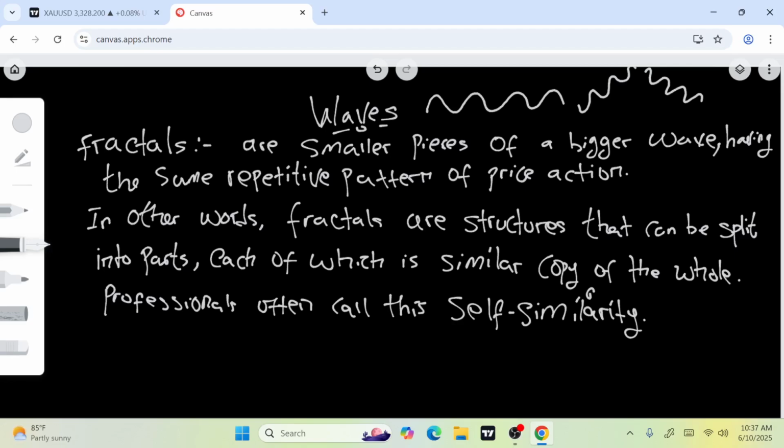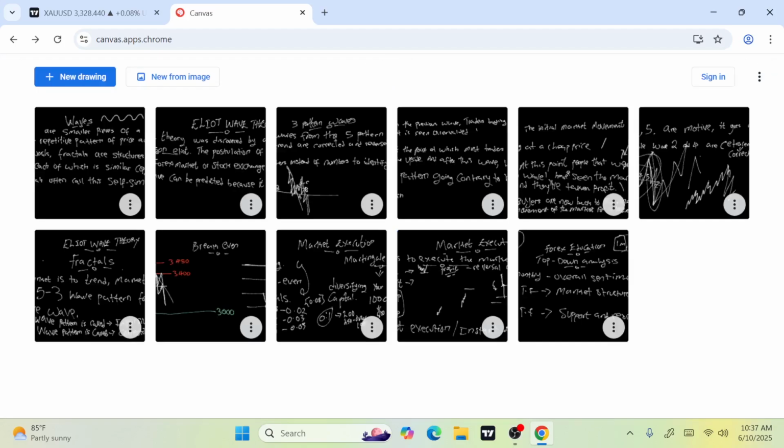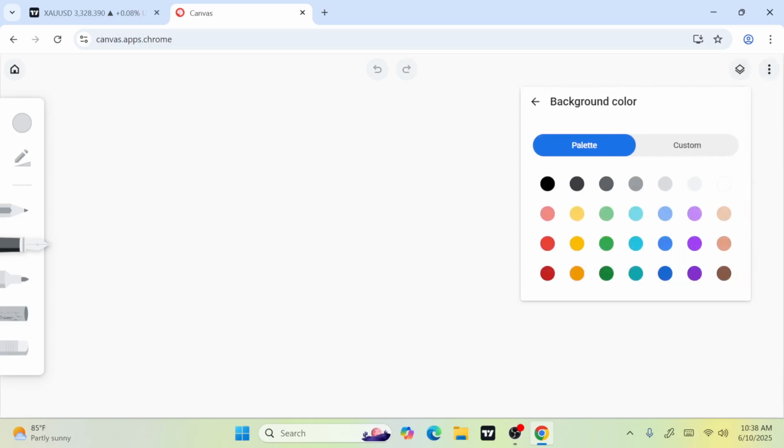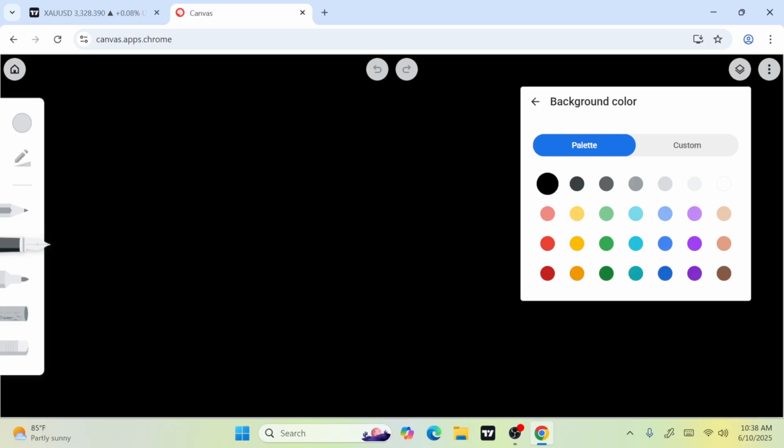Now, Nelson Elliott made us to know that your wave moves in what we refer to as a 5-3 wave pattern. Is that not interesting?